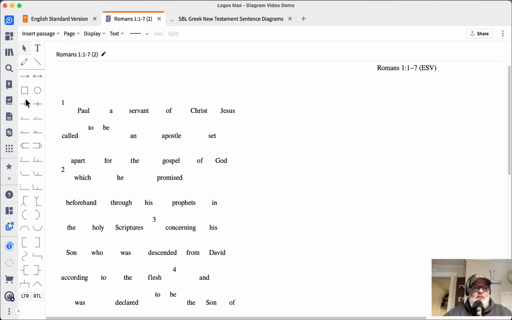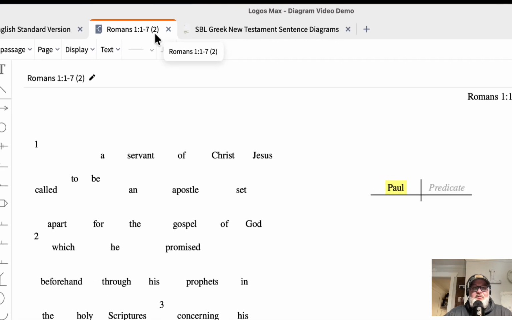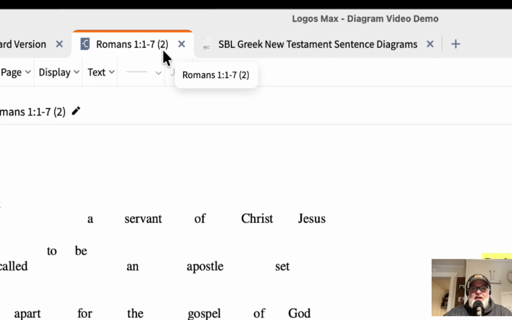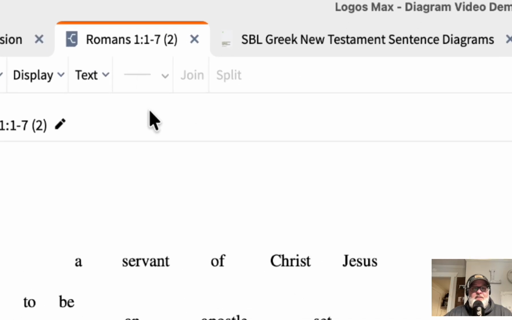So our first one, the first thing we need is our subject and our verb. And so obviously we know that Paul is the subject because Paul is the one writing this letter. Now, originally, when I first diagrammed this, if you can see up here, this number 2 right there just means I have another diagram with the exact same name.